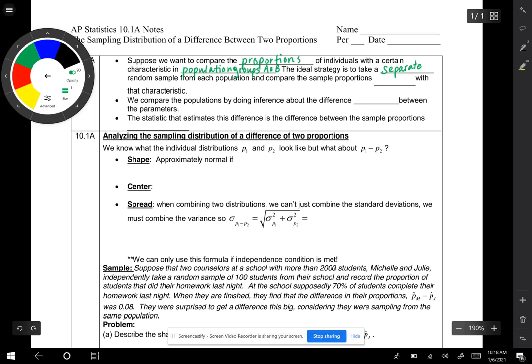And the sample proportions will be denoted, since there's two groups, P1 hat and P2 hat.